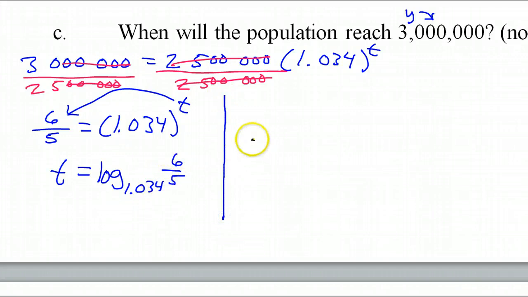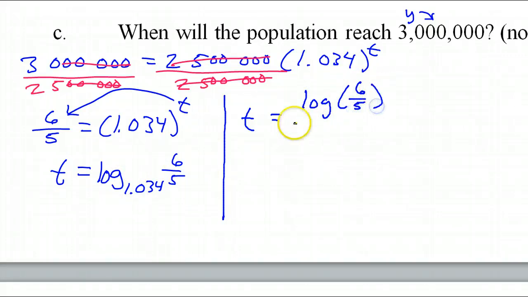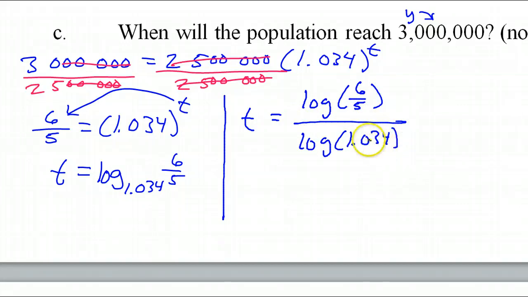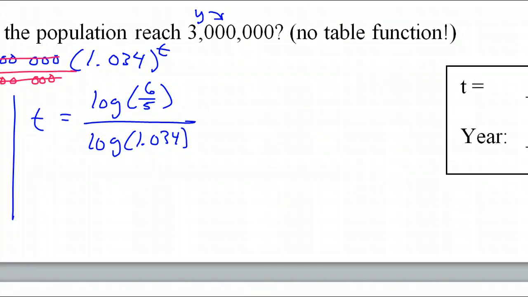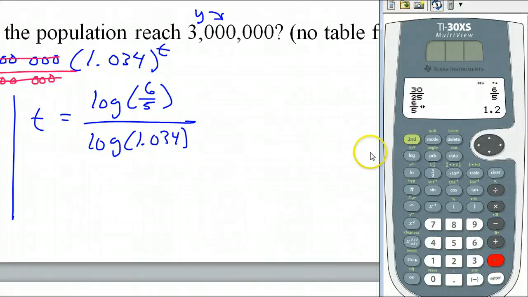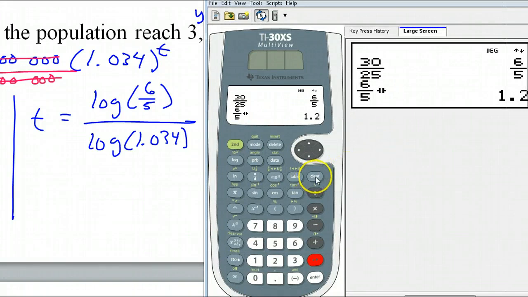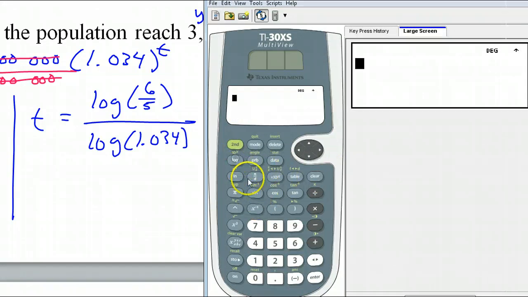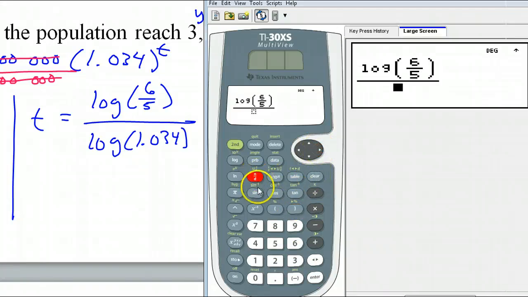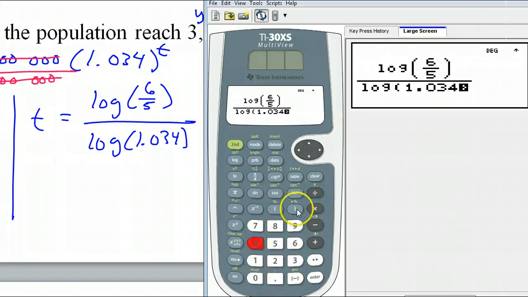Okay, but to put this in our calculator, we need the change of base. So we need to be able to do log of 6/5 over the log of this decimal. And so that's what we'll do. Okay, so log 6/5 over log 1.034.